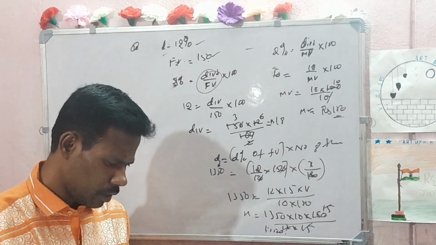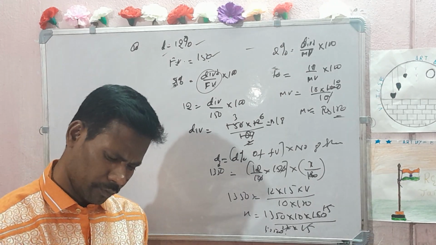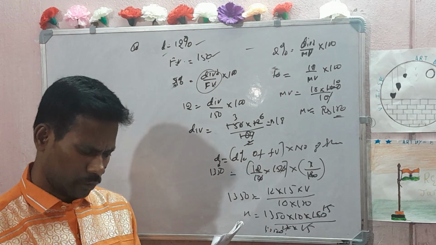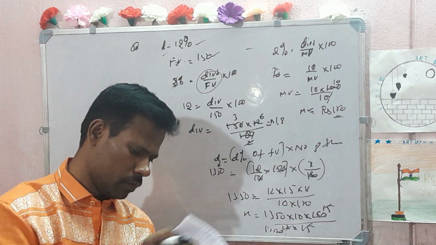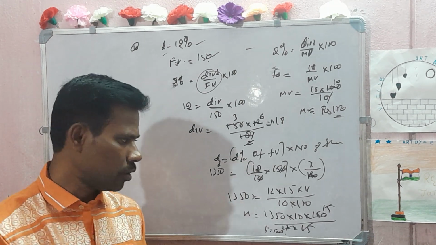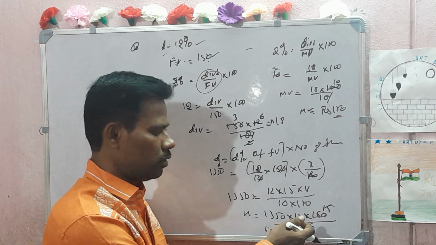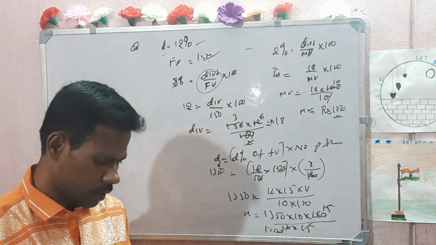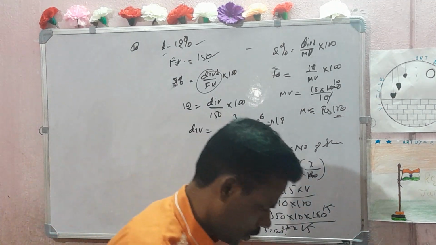So this is problem number 10. Yes, 13,500. You can do the cancellations by yourself. It is simple, so nothing to worry about.